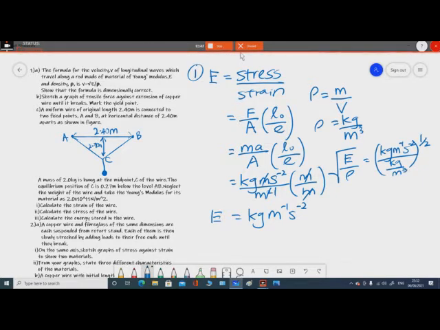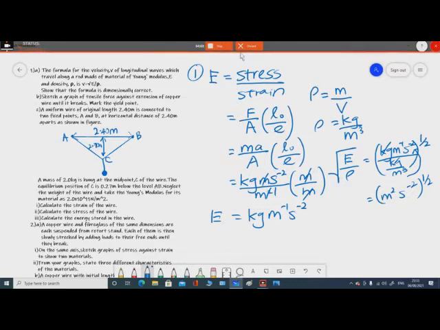So this one will be cancelled and this one will be moved up here. Negative 1 plus 3 is 2. So this is m squared s negative 2. So this is how we find the SI unit for the velocity of the longitudinal waves.